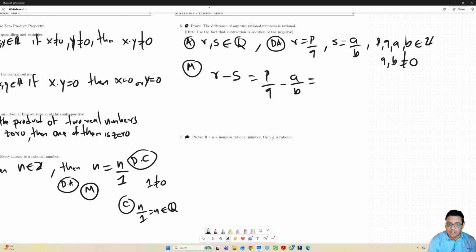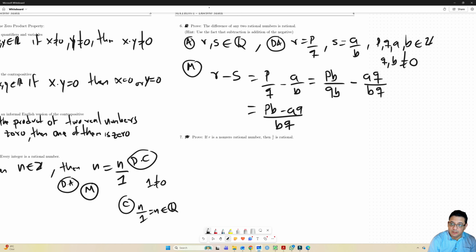And if we get a common denominator, we multiply everything here by b and everything here by q, we get p times b over q times b, minus a times q over b times q. And so now with common denominator, this is going to be pb minus aq over bq.